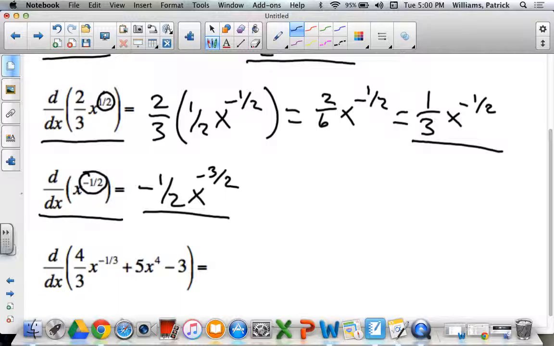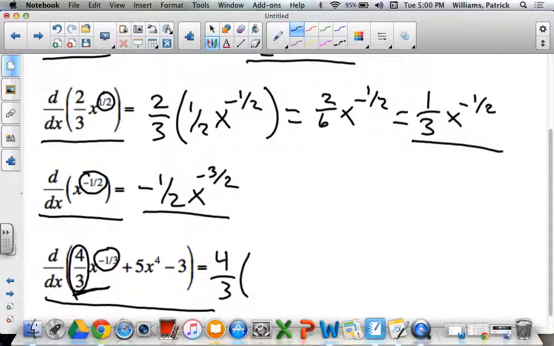All right? And in this final one right here, we can just split this up into 3 separate derivatives. So in this first one right here, our power is negative 1/3. We again have a constant right out front. So we can keep that constant right there. We can bring the negative 1/3 down.